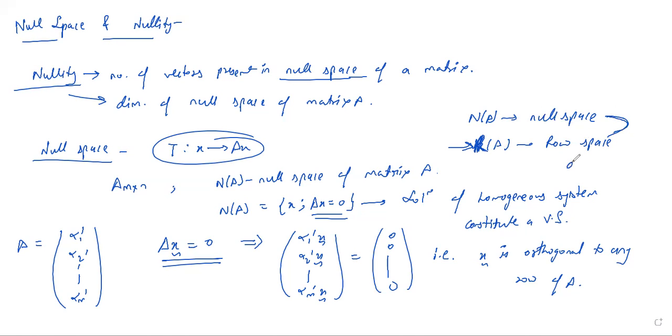N(A) and the row space of A, null space and row space, are orthogonal spaces. That means the null space is perpendicular to the row space of A.